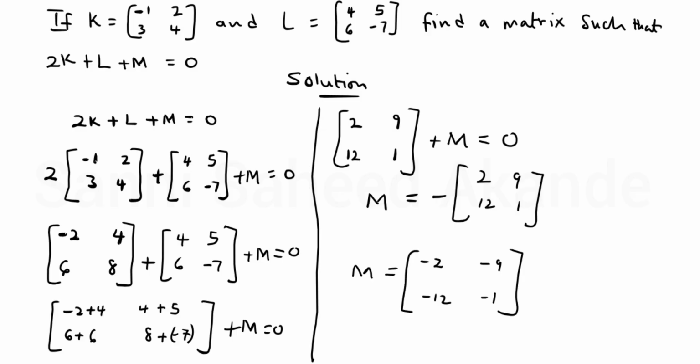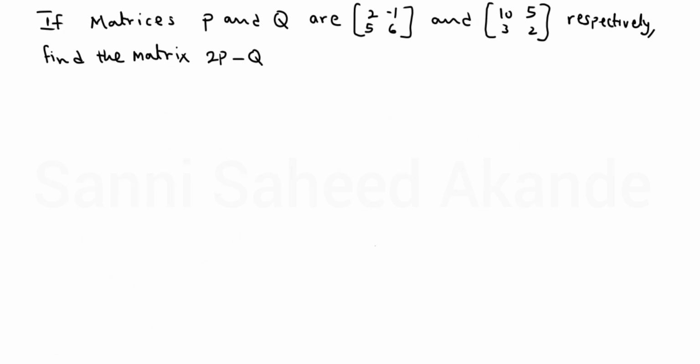Now let's take a look at another question. The question says, if matrices P and Q are what you can see on the screen respectively, find the matrix 2P minus Q. Solution. So we have P first to be 2, minus 1, 5, and 6.